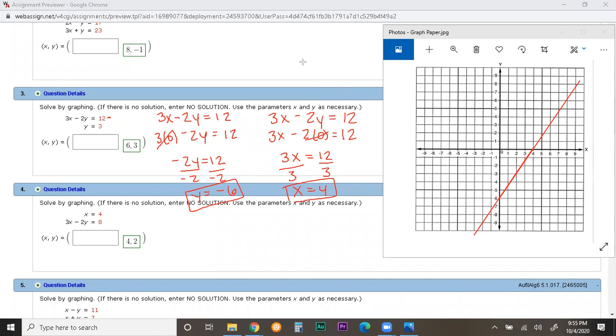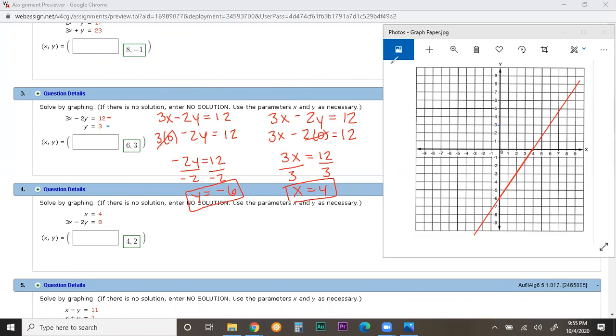So now I'm going to change my color to blue, and we're going to do our second line. So with this second line, it is y equals 3. So what we have to do is find 3 on our y-axis, and we do a line going straight through that.